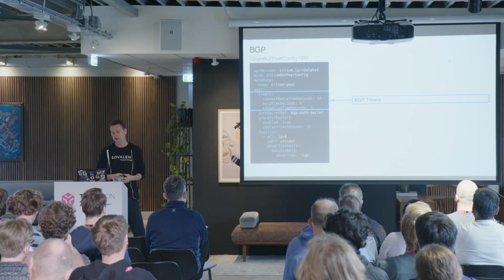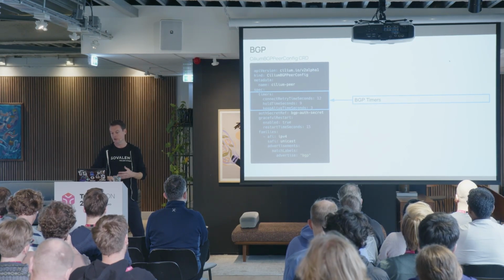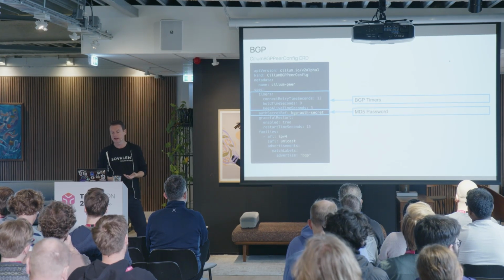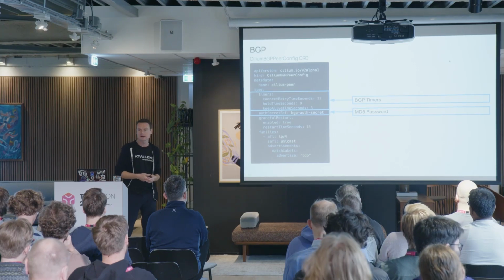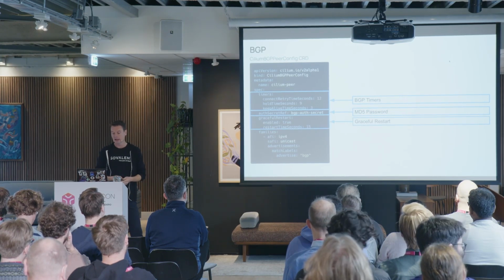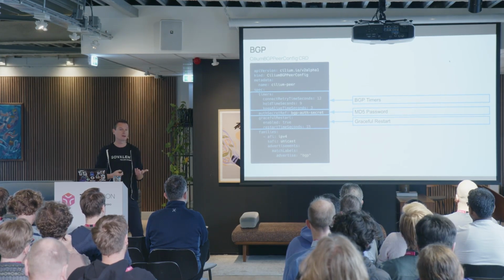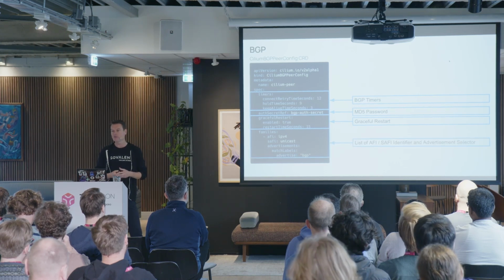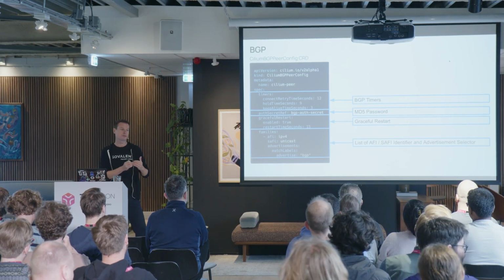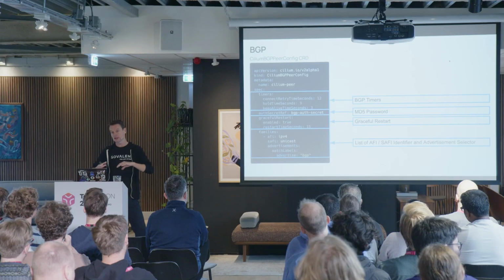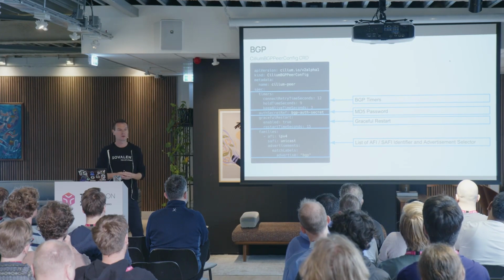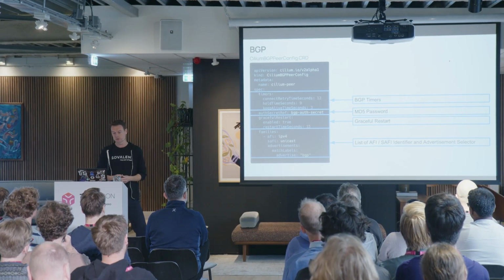So this is a single CRD for that purpose. In this case, we define timers, we define an authentication secret for the MD5 password. We have enabled graceful restart, so we configured that as well. And then we reference which BGP advertisements we actually want to connect with this common set of BGP nodes.